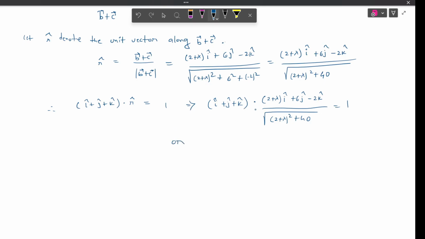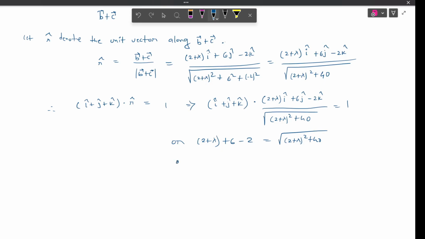So the scalar product is 1, that is 1 into (2 plus lambda), j dot j is 1, so 6 into 1 is 6, k dot k is 1, so minus 2. That should be root under of (2 plus lambda) square plus 40.